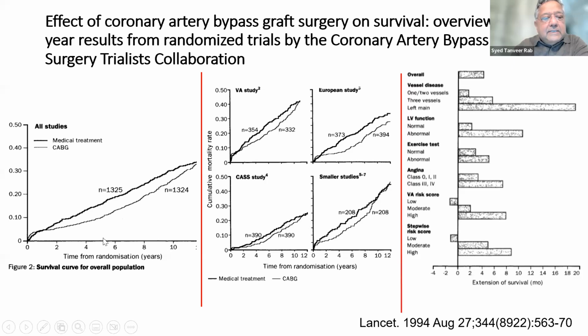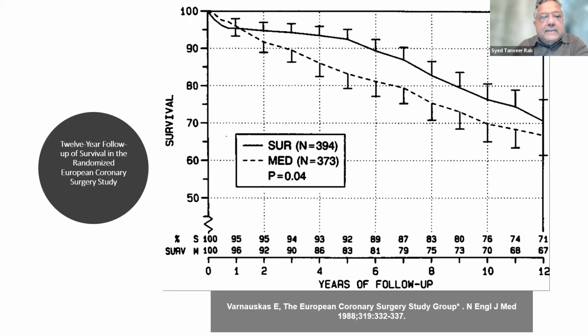You know, CABG initially did well in terms of survival, but actually it caught up at 10 years to be equivalent. And all of these studies show that unless you have left main disease, at 10 years there is a catch-up for patients on medical therapy versus surgery, with surgery showing initial benefit of survival, catching up, it could be equivalent to medical therapy down the line.